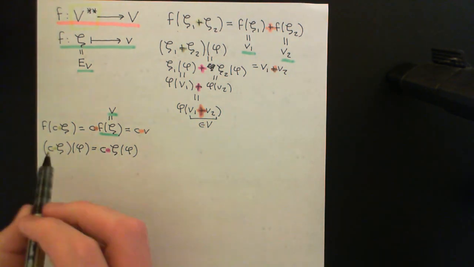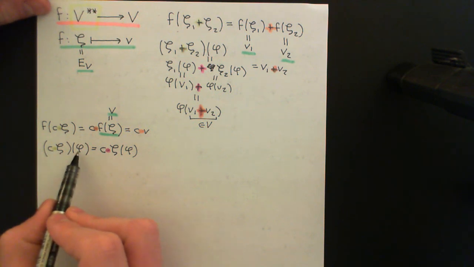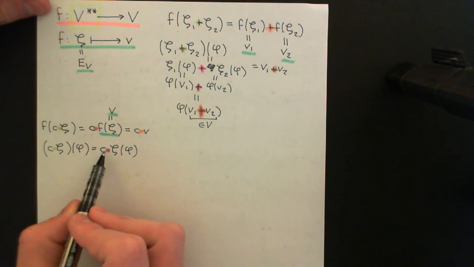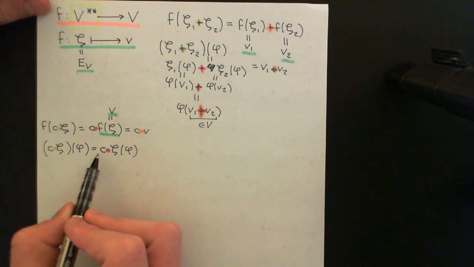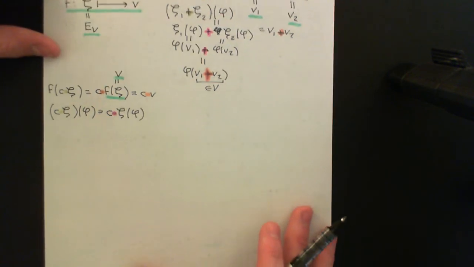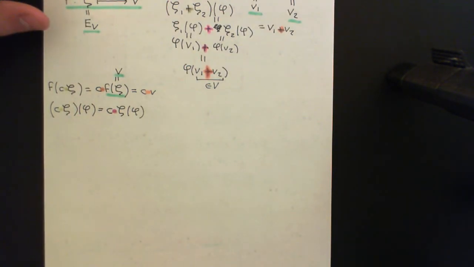So if you want to know where this element of the double dual vector space, c times zeta, is going to map any phi, you just say, well, where does zeta map phi, and then, sorry, this is in the field, so just multiply that by c. Okay, so that's how we define scalar multiplication in the double dual vector space.